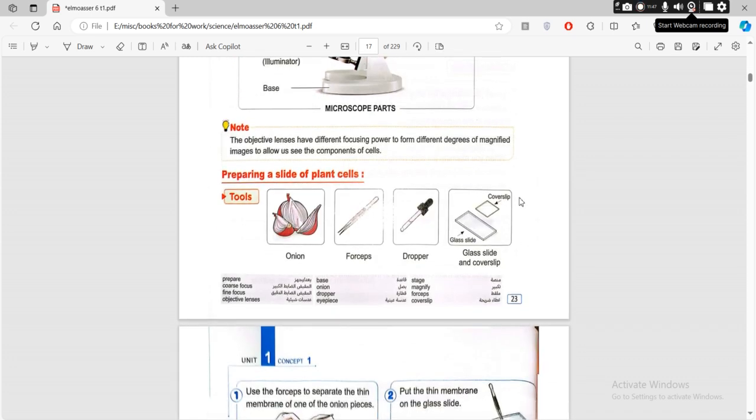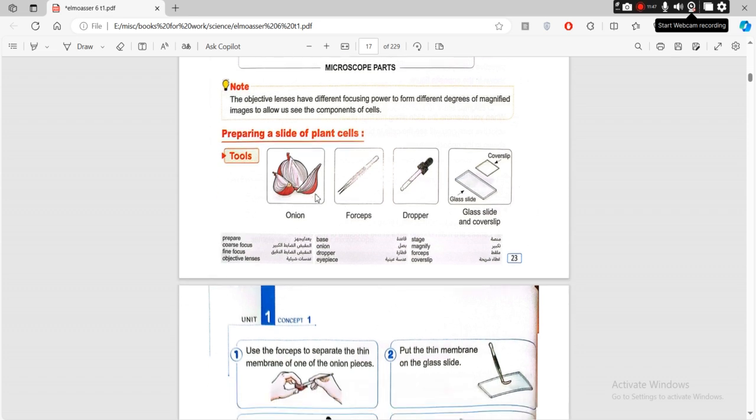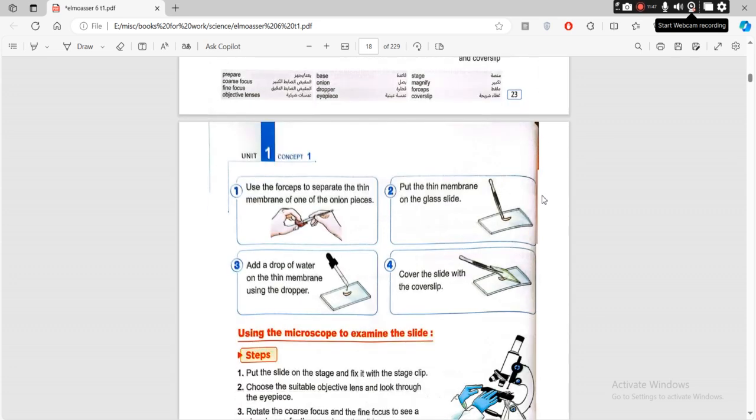Well, in the lab, in the school, you can do this activity. We have an onion and we have forceps to get a small piece of an onion, and we have a dropper and a glass slide. So first, using the forceps, you get a small membrane or a small part of an onion, and then you put it on the glass slide, and then you add a drop of water or maybe iodine, and then you cover using the cover slip.